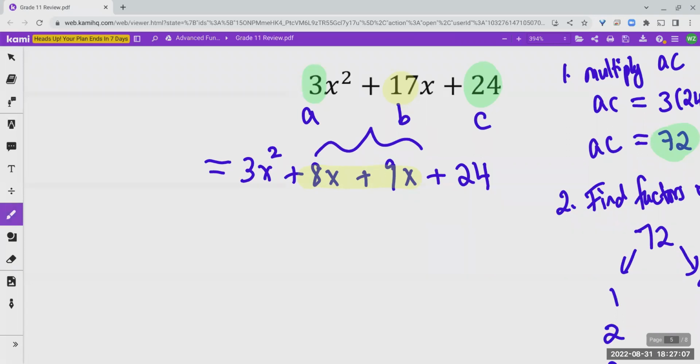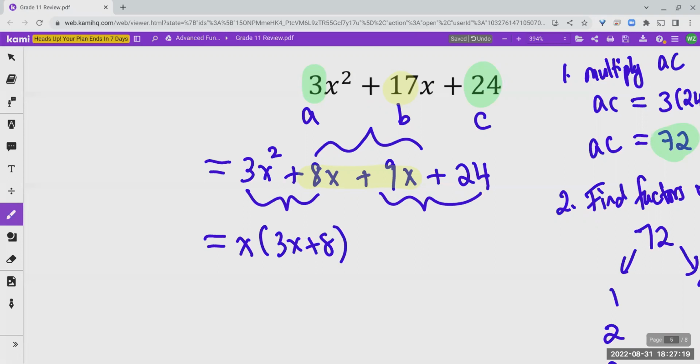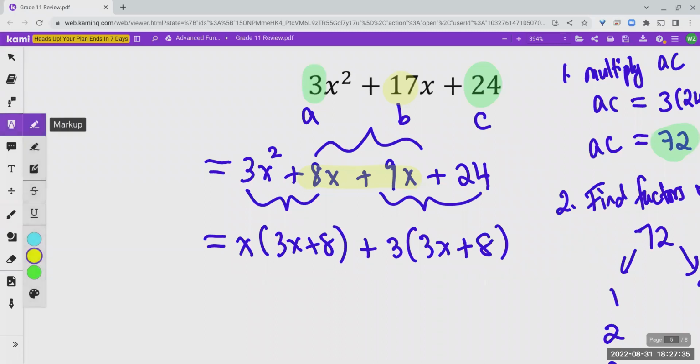Factor by grouping. So these two are in a group, those two are in a group. Okay, factor out: 3 and 8 have no common factor, but you can take out an x, so that's x(3x plus 8). Right? 9 and 24, you can take out a 3. So that would be 3(3x plus 8), since 24 divided by 3 is 8. Oh, look.